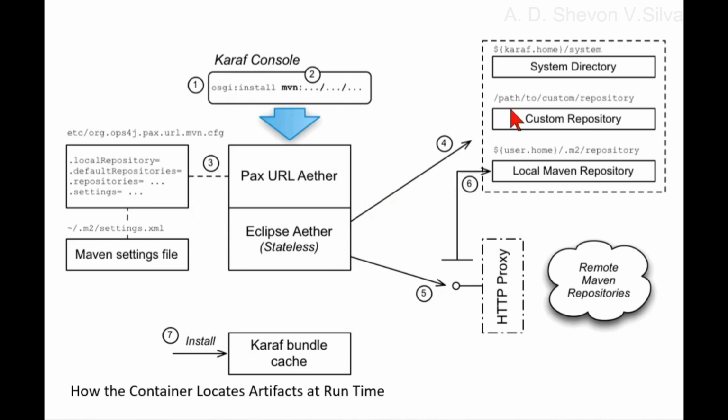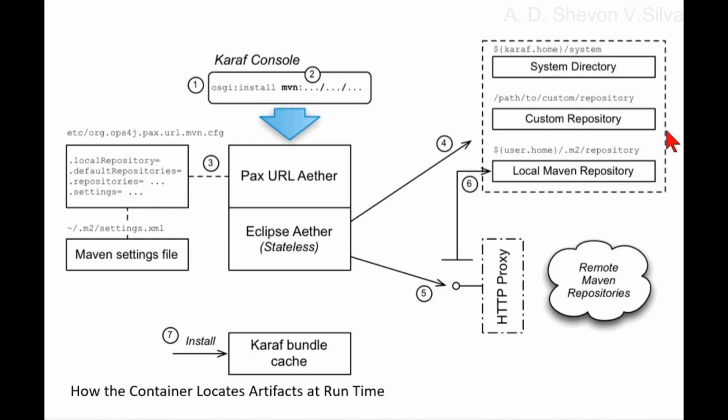Step 4: the install directory /system, the JBoss Fuse system directory, which contains all the Maven artifacts that are bundled with the JBoss Fuse distribution, and the user home .m2/repository, the user's own local repository in the user's home directory. If you like, you can customize the list of local repositories to add your own custom Maven repository.